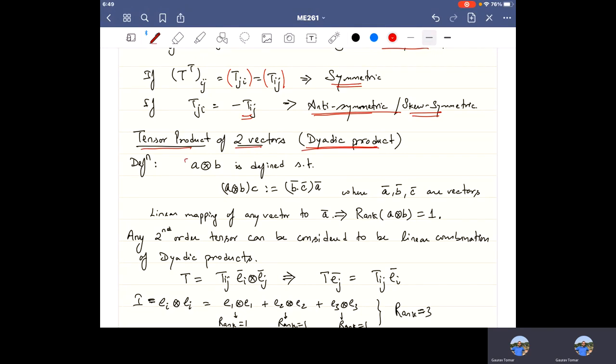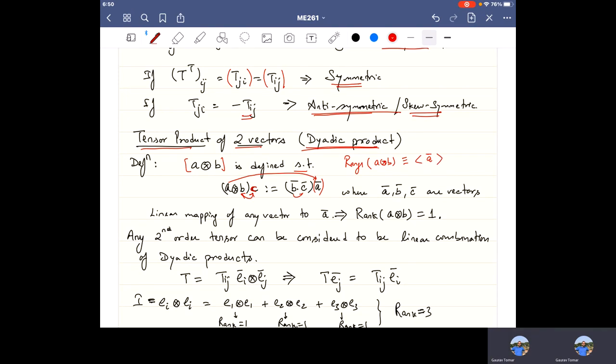The dyadic product is written as A tensor B, and it is defined such that if it operates on any vector C, you get B dot C times the vector A. So as you can see, any such dyadic product will map any vector C to A. Which means the range of A tensor B is essentially spanned by only the vector A, correct?